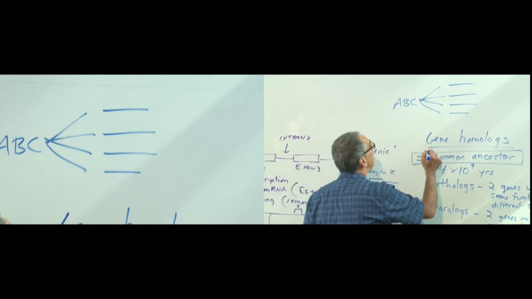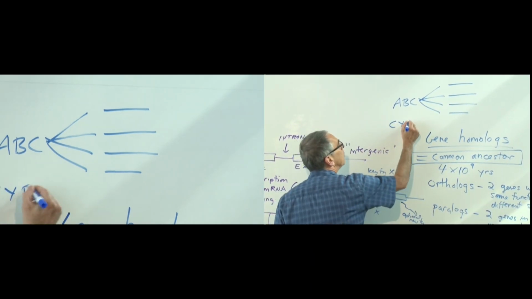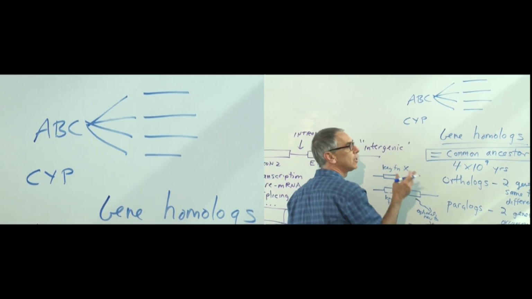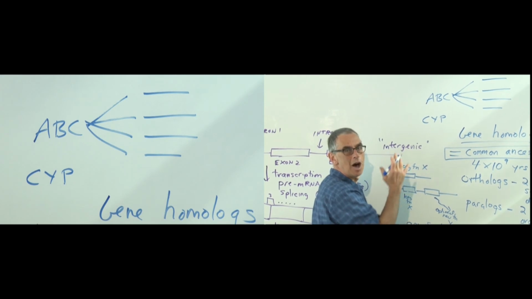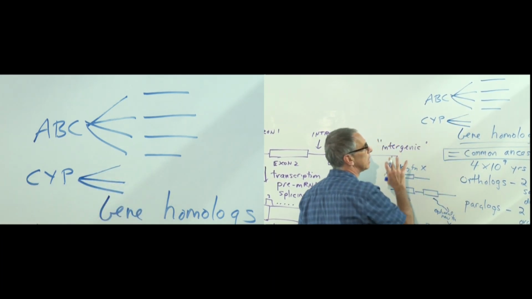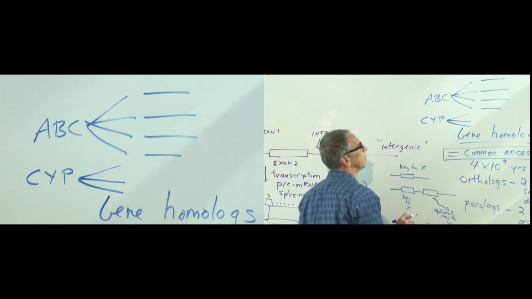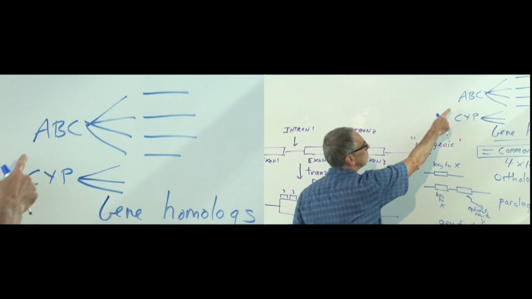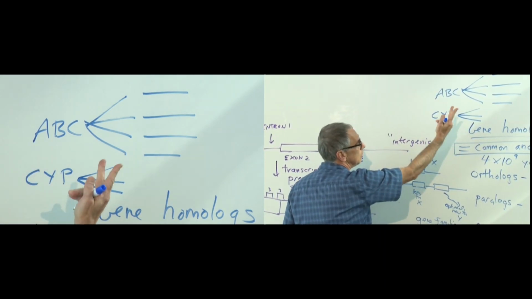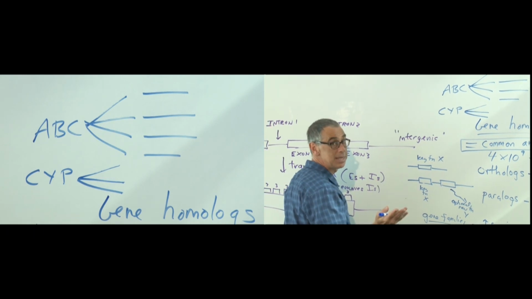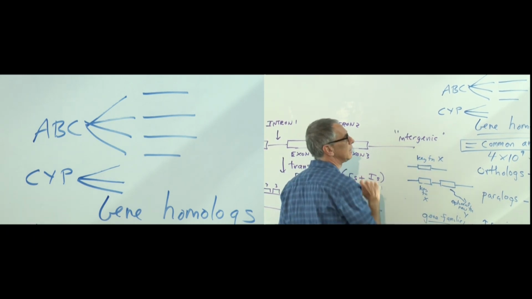I talked about the cytochrome P450s, the CYPs, the phase 1 metabolizing enzymes. They also have a mother ancestor and now have all diverged and copied themselves in the genome to have slightly different functions. So it's important to remember that many of the key proteins in the human genome that are involved in pharmacogenomics, especially metabolism and PK, are members of these gene families.